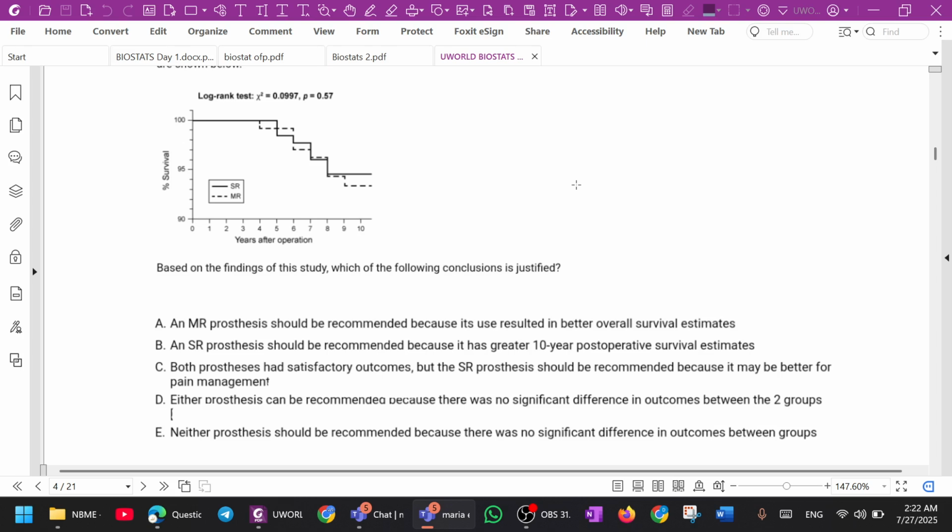But it says that the SR group had significantly less anterior pain compared to the MR group, so this is kind of true also. Okay, so we're keeping it. Either prosthesis can be recommended because there was no significant difference in outcomes between the two groups.